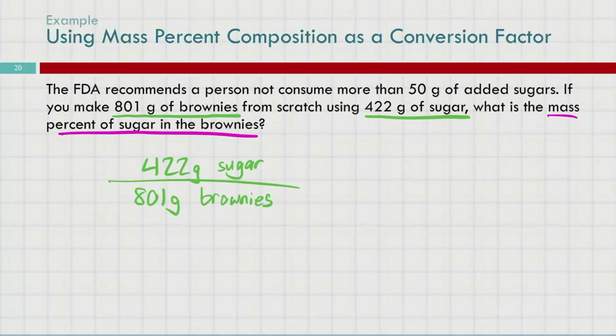So 422 grams divided by 801 grams, and multiply by 100%. So 422 divided by 801 times 100. Turns out these brownies are roughly, again, I didn't make the brownies, this is just a guess, roughly 52.6% sugar.